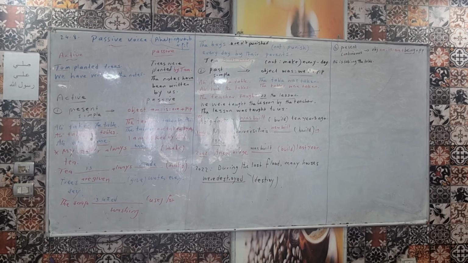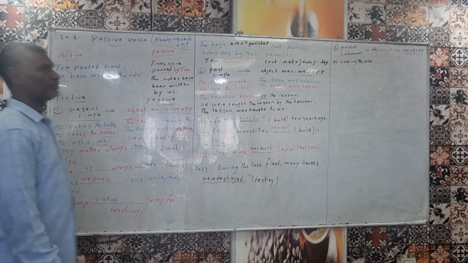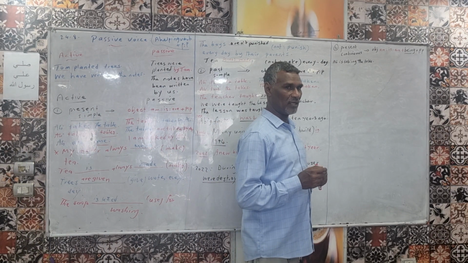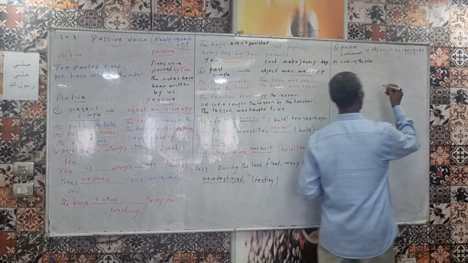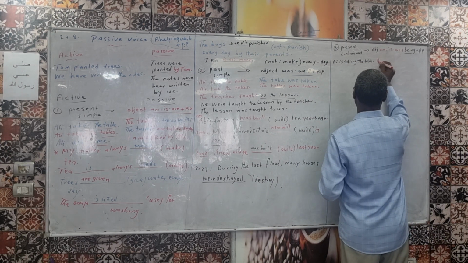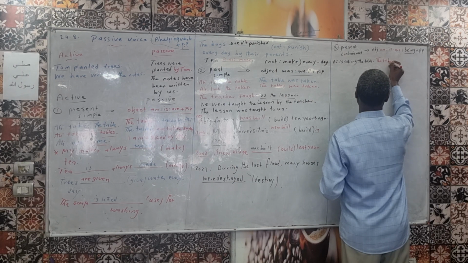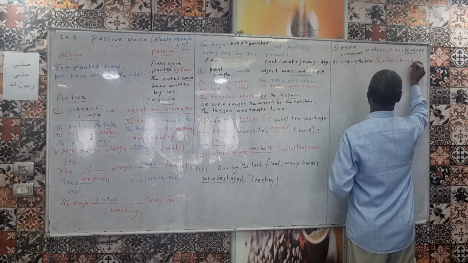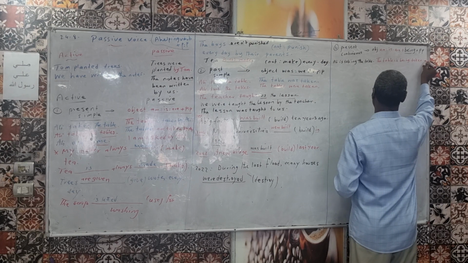What is the object? We begin with the object. We say the table is being taken by Ali.